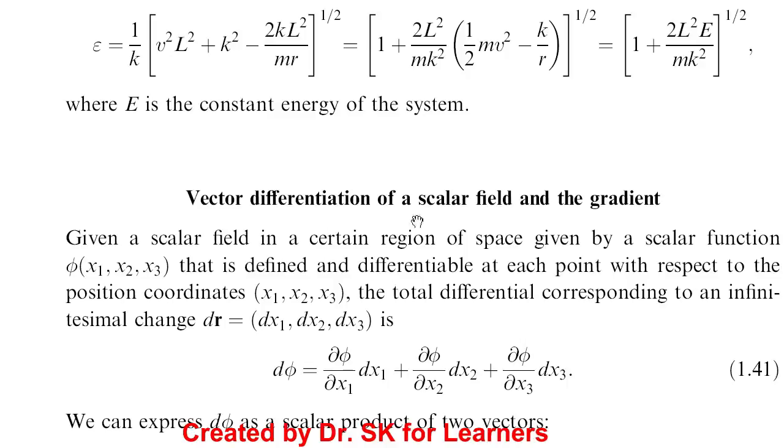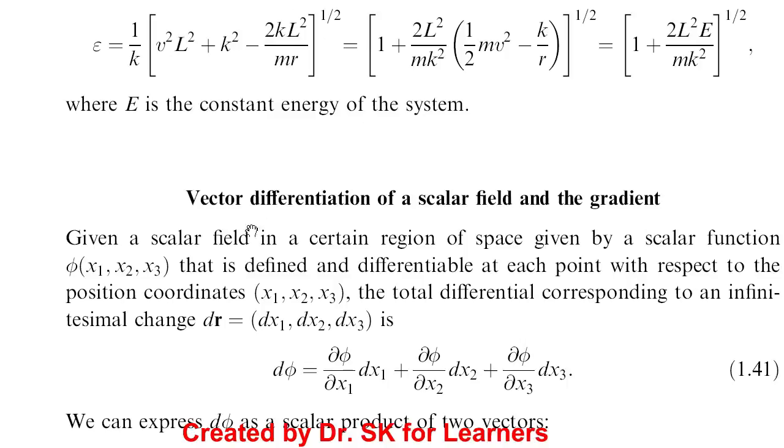So before we go to the vector differentiation, that is called the gradient. Vector differentiation means you are differentiating a scalar quantity with the del operator, which is a vector quantity. So that is why it is called vector differentiation of a scalar field, because phi is originally a scalar quantity and del is originally a vector differentiation quantity.